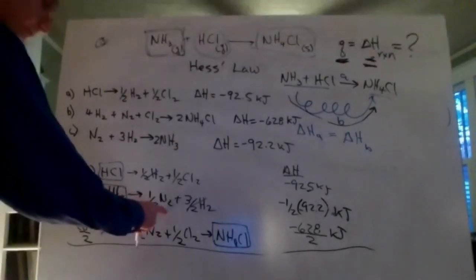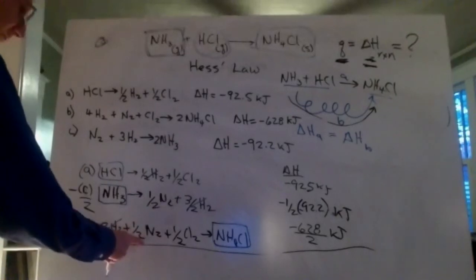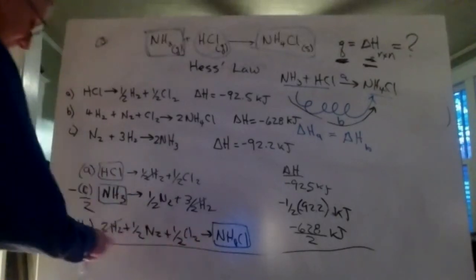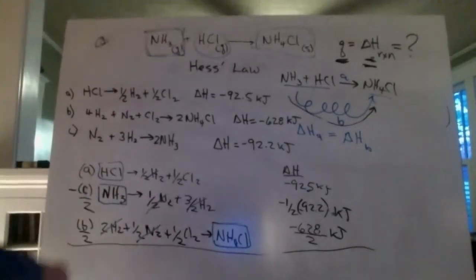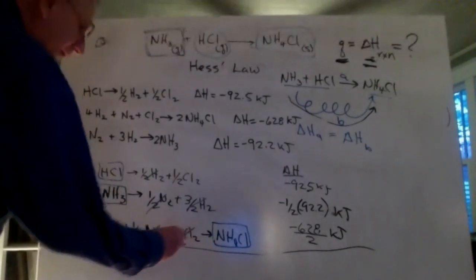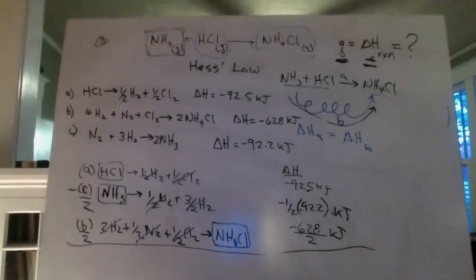We have 1/2 N2 on the right-hand side, and 1/2 N2 on the left-hand side of this one, so those cancel. And we have 1/2 mole of Cl2 on the left-hand side and 1/2 mole of Cl2 on the right-hand side. So those cancel.